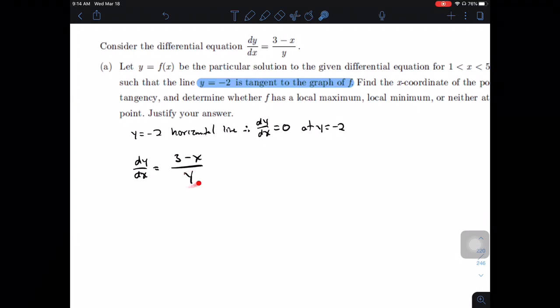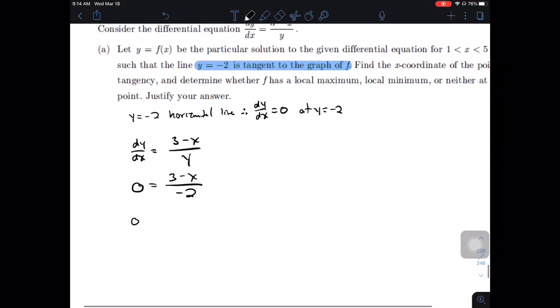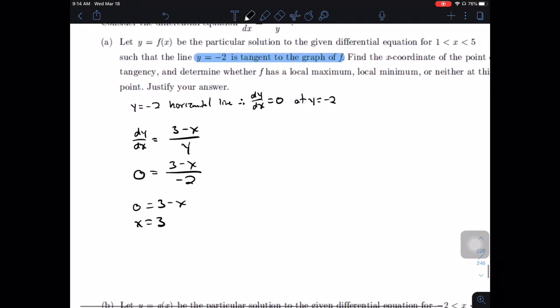It's -2. And at the same time, we know what dy over dx is. It's 0. Once again, y equals -2 is a horizontal tangent line. All horizontal lines have a slope of 0. So if we put the slope in at 0, and at that same instant, we know -2 is the y value, if we solve this, we're going to get that x is 3.